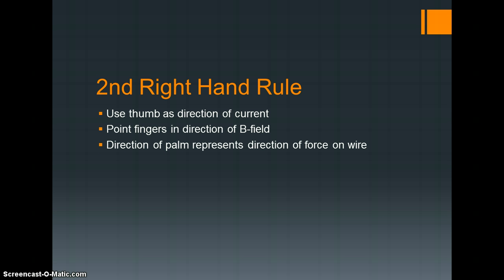The second right hand rule states that if you use your thumb as the direction of the current and then point your fingers in the direction of the magnetic field, your palm will point in the direction of the force that's exerted on the wire. So for instance, if you had a current passing through a wire and your thumb was pointing in that direction, let's say it's pointing to the right side of the screen, and the magnetic field is going into the screen, you can see that the direction of the force on the wire will be up because your palm should currently be facing upward.